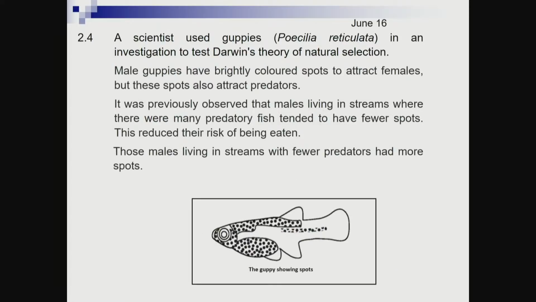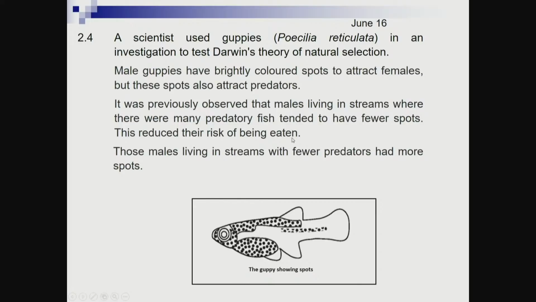Another example: male guppies have brightly colored spots to attract females, but these spots also attract predators. It was previously observed that males living in a stream where there were many predatory fish tend to have fewer spots to reduce their risk of being eaten.